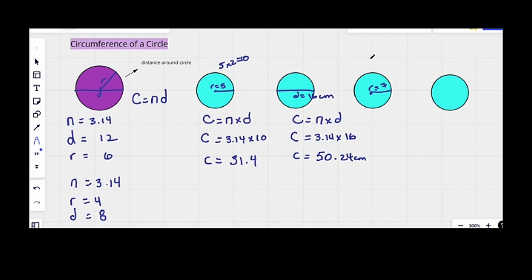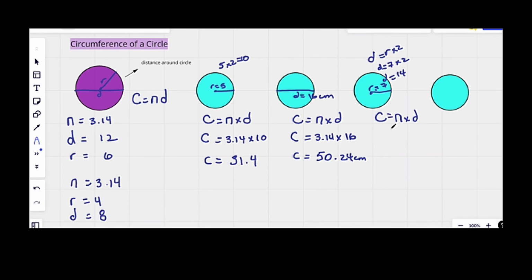Well, the diameter equals, let me write it here for you, diameter equals radius times 2. So 7 times 2 equals 14. So the diameter equals 14.